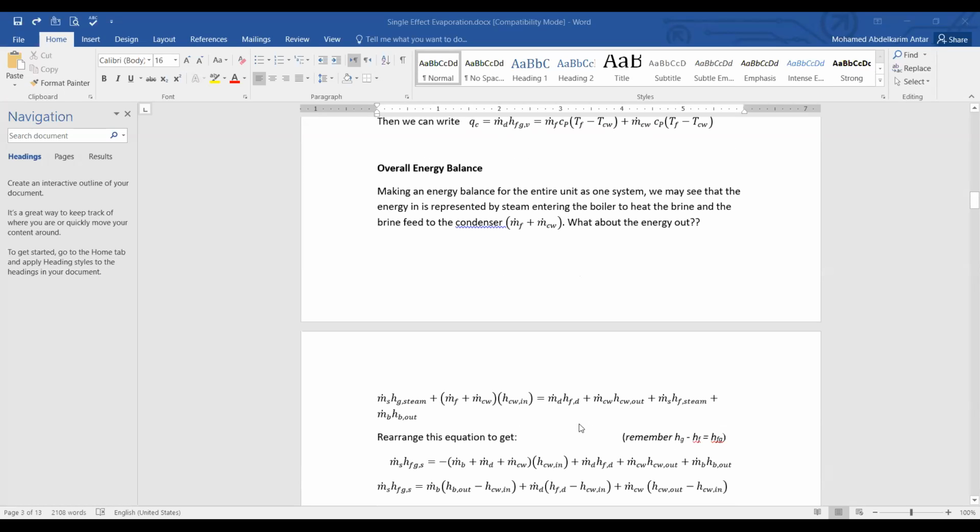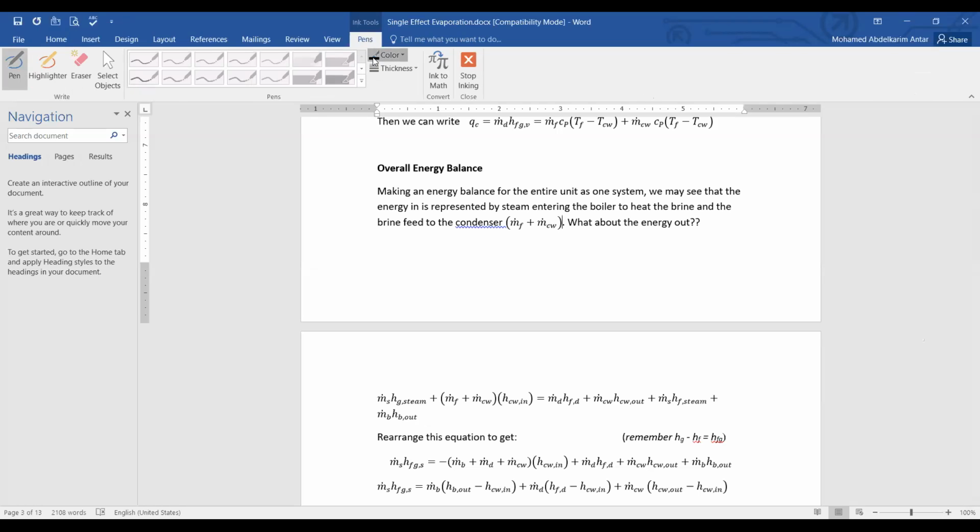Sometimes we tend to look at an overall energy balance for the unit. What I mean by that is, sometimes you consider your evaporator and your condenser and do an energy balance for the whole thing. Like this is the evaporator, this is the condenser. Then you make a control volume over the whole thing and look at what will be crossing the system.